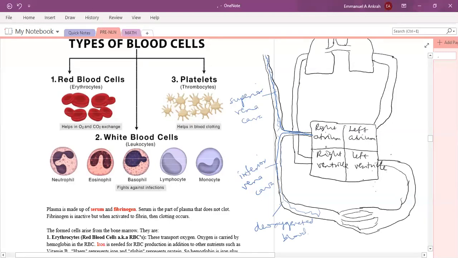And then this right atrium pumps the blood through a valve here known as the tricuspid valve, which allows the blood to flow in only one direction. So this pumps the blood through the tricuspid valve, and then the blood goes through the blood vessel known as the pulmonary artery.